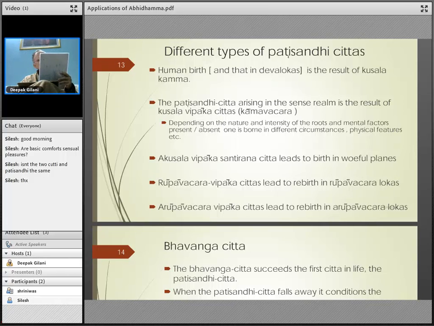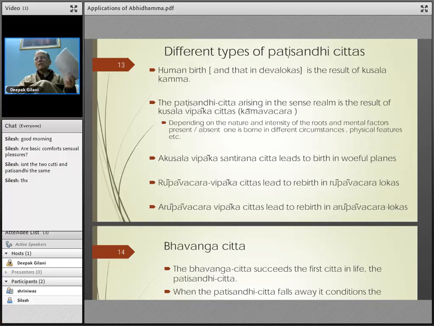And if the karma vipaka which arises just before the death is a wholesome resultant mental state without roots, it is rootless, then it will produce human beings, but they will have some congenital defects. They will not have all the senses in good shape.